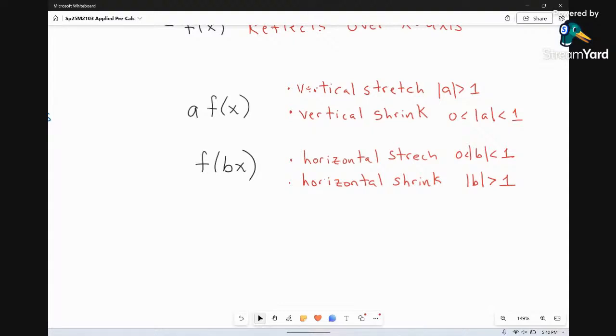So I leave you with this. We were struggling intentionally tonight with that h. It has to be what form? X minus h.